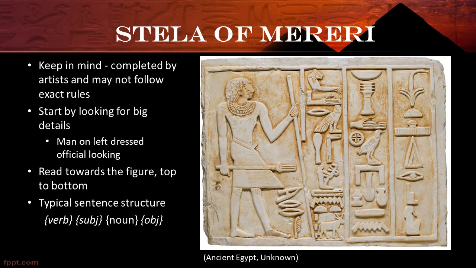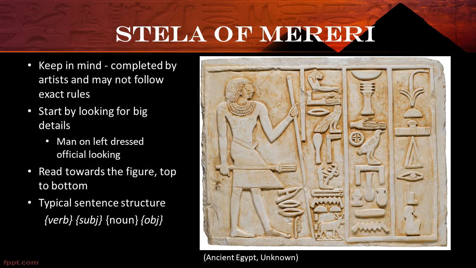So as we begin to look at this, one of the things we need to really keep in mind is Egyptian hieroglyphs were actually drawn or carved by artists. Artists tend to take artistic liberties at times.